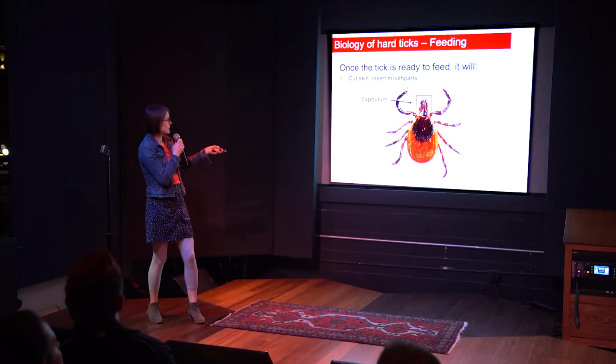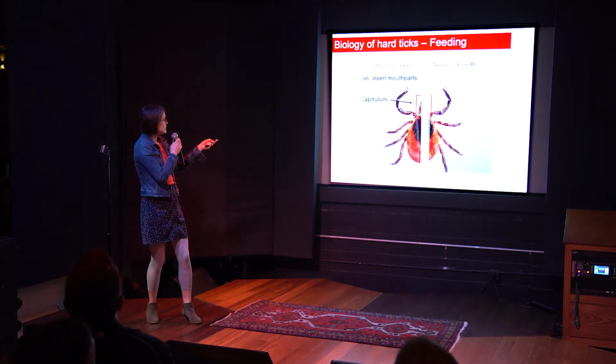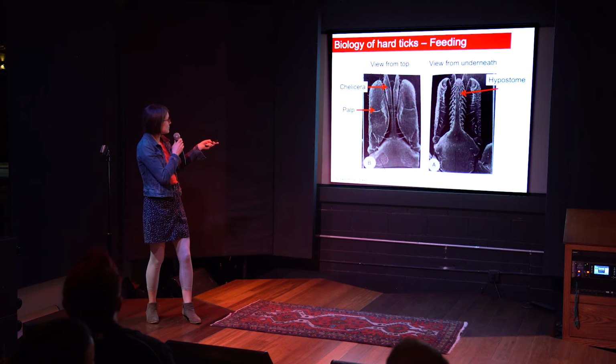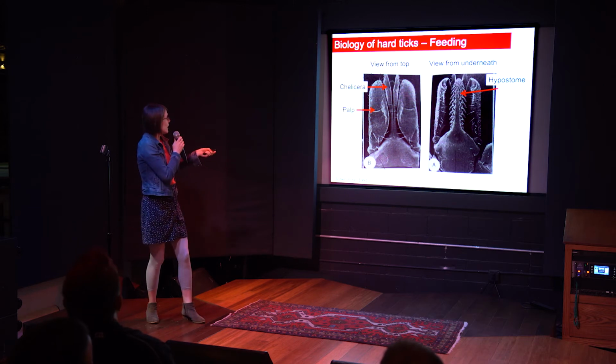So the tick mouth parts collectively are shown here in this red box. They're called the capitulum. And if we zoom in, okay, so this is the capitulum from the top. So these are palps, these are sensory organs that the tick uses to smell you and taste you. And then their chelicerae are right here, and they use these in a sort of scissor fashion to cut your skin.